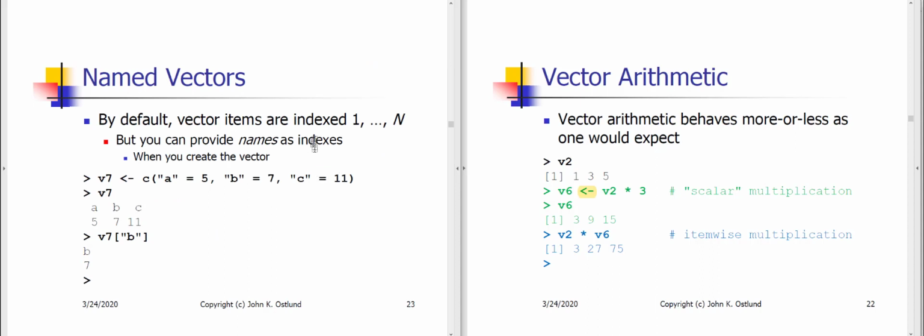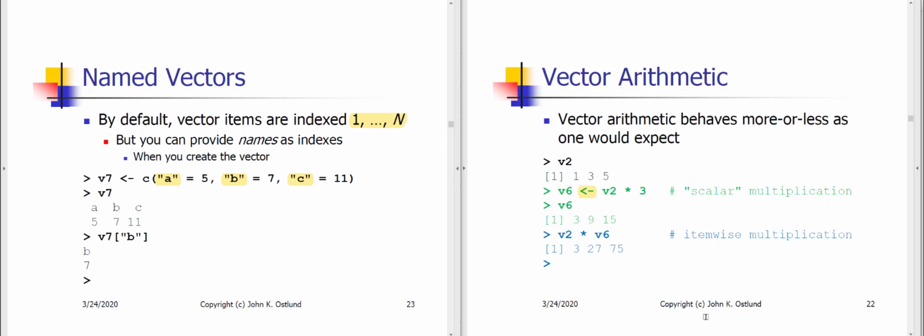Now, the default indexes for the items within a vector are just 1 through n, where n is the number of items. But you can, if you wish, provide names for use as the indexes for the items within the vector. Here I've typed those in double quotes.